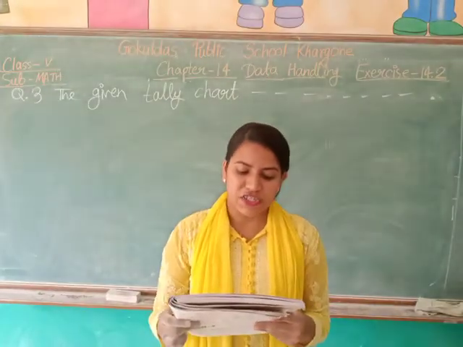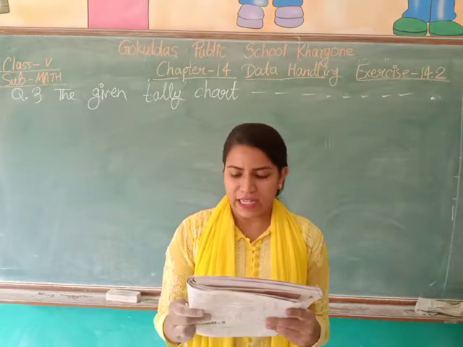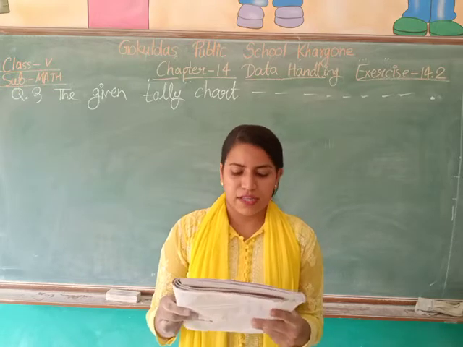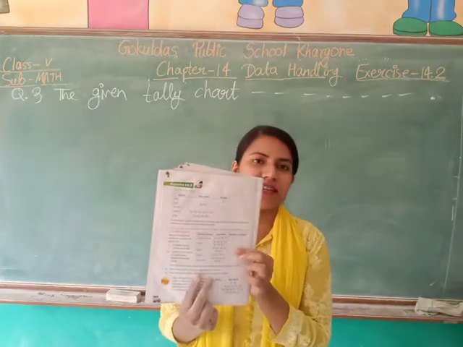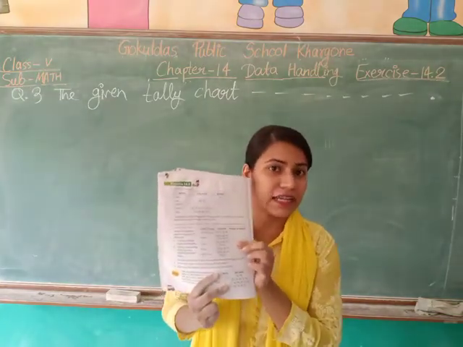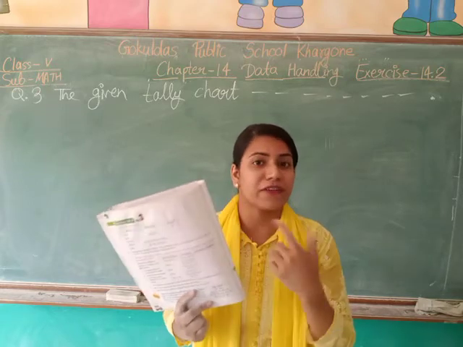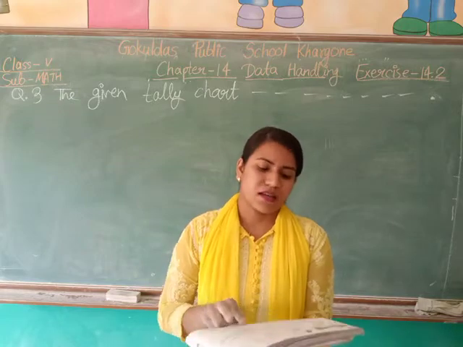The given tally chart shows the number of children who attend activity classes in the evening after school. What is this tally chart showing? This tally chart is showing the activities of children after school. What activities do they do?